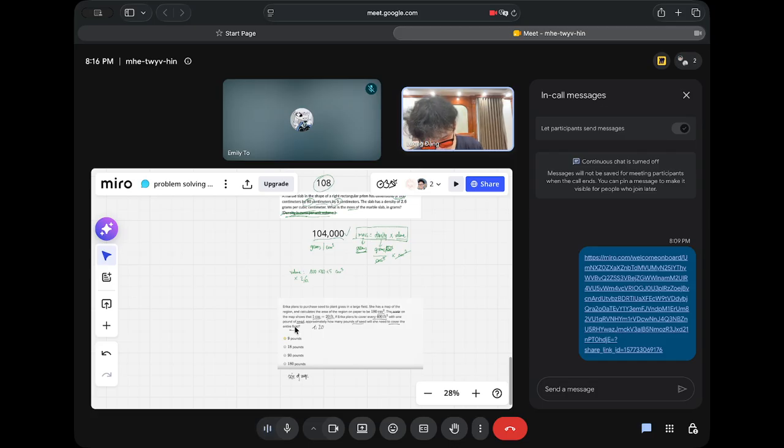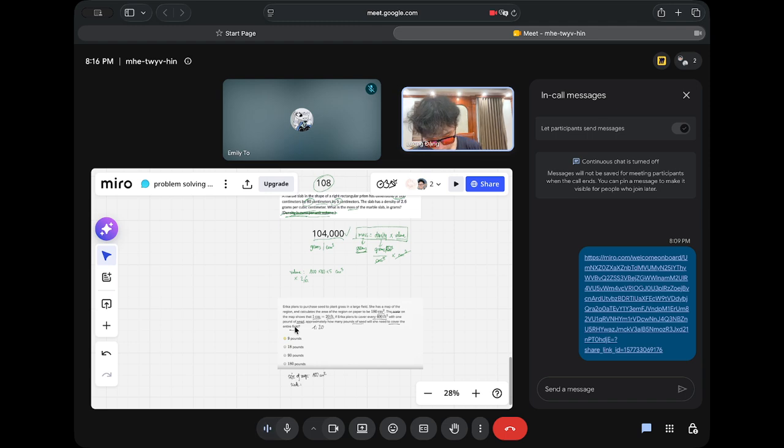We have the size of the map is 180 centimeters square, right? And we have the scale of the map, which is the size of the map compared to the actual size of the region that the map represents, right?